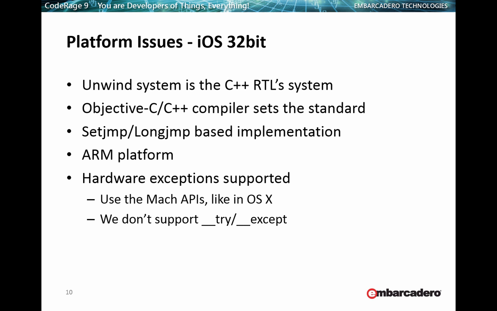It's a Unix-based platform, but on Linux and other Unix-based platforms, when you catch hardware exceptions, you typically catch them with signal or sigaction. And those things are available on OS X and on iOS 32-bit, but you can't use them. Bad things happen if you try. So you have to catch exceptions with the Mach APIs on those platforms, on iOS and OS X. And again, we don't support _try and _except. Next slide.